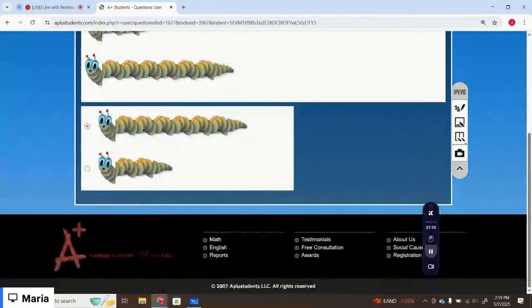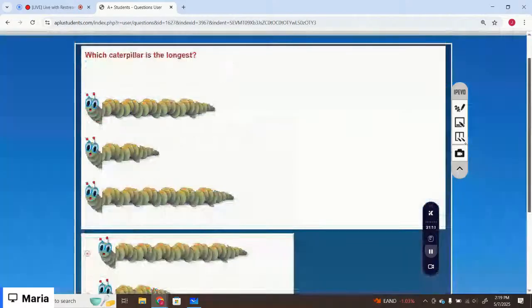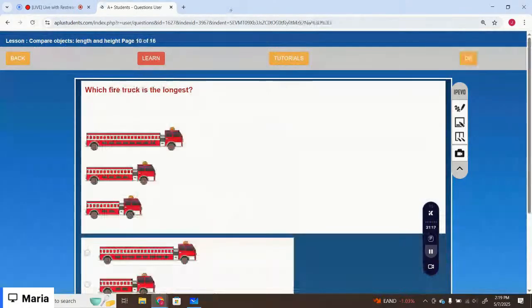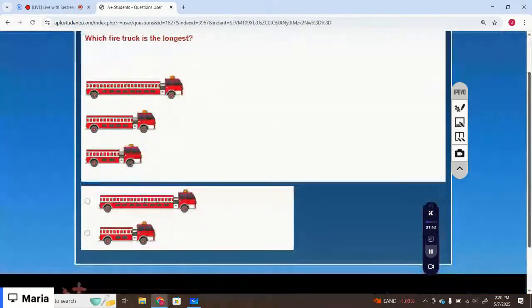Sorry. Which fire truck is the longest? Which is the correct option?